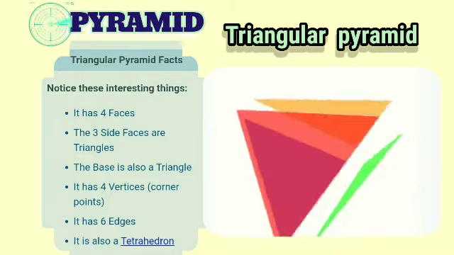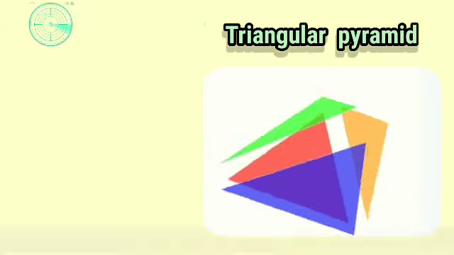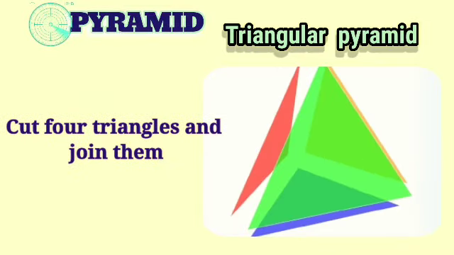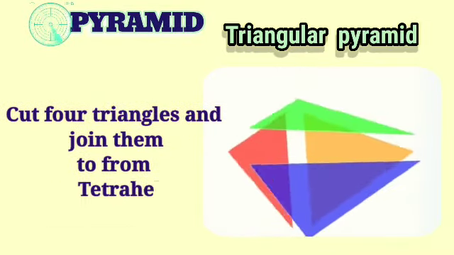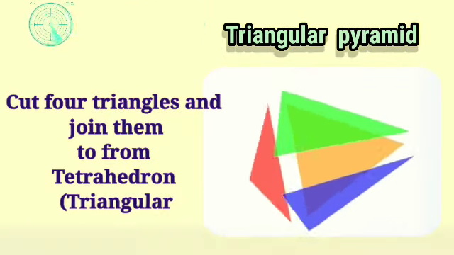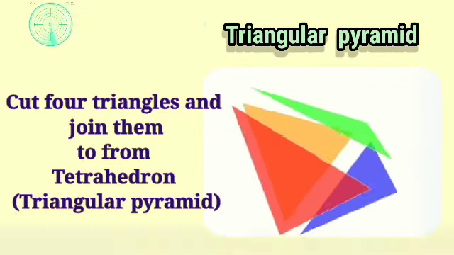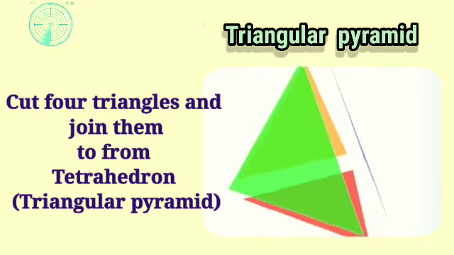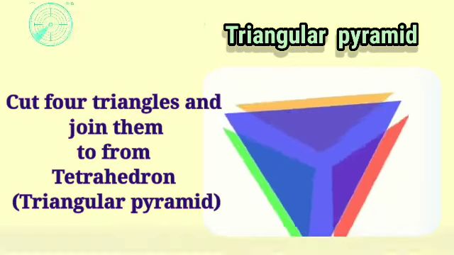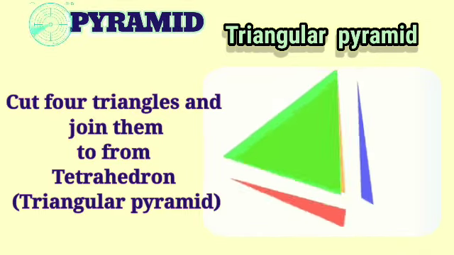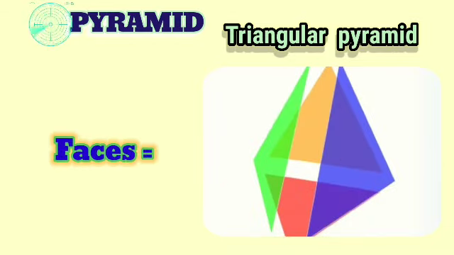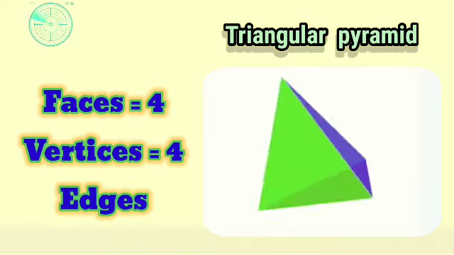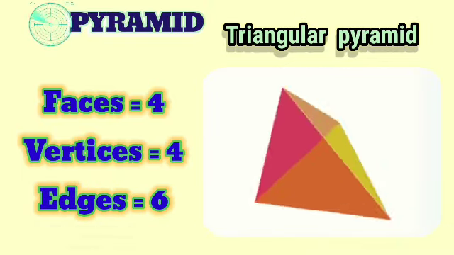Now cut a piece of paper into four triangles and join them to form a tetrahedron or triangular pyramid as shown in the picture. You can cut four triangles. It has four faces, four vertices and six edges.